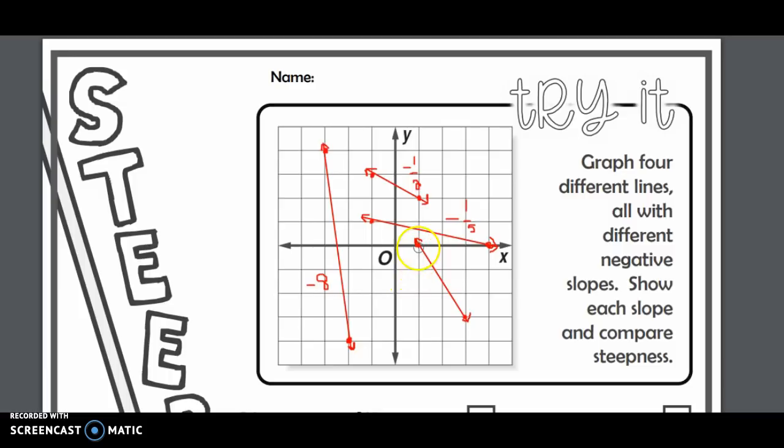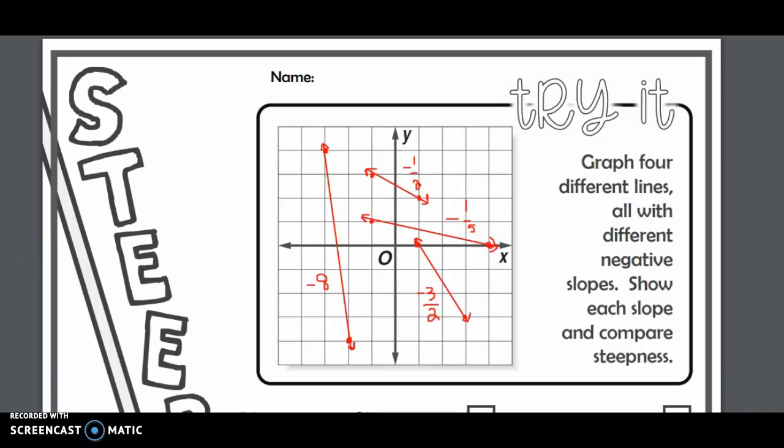Now remember we counted down 3, 1, 2, 3, so it's a -3 on top and 2 across, so it's -3/2. This one is steeper than the other two fractions because of course it's a bigger fraction. It's a fraction more than 1, but it's still not super steep like our -8.